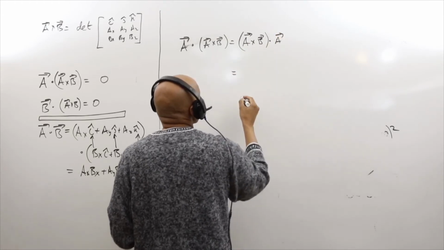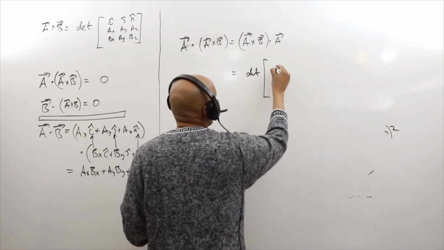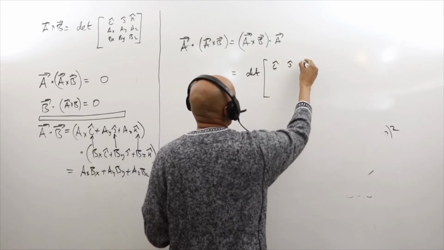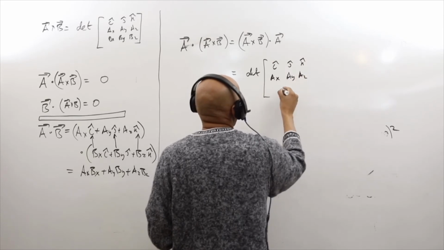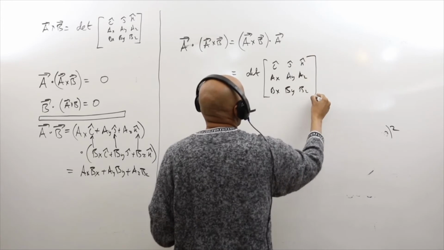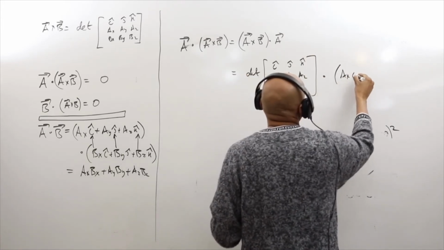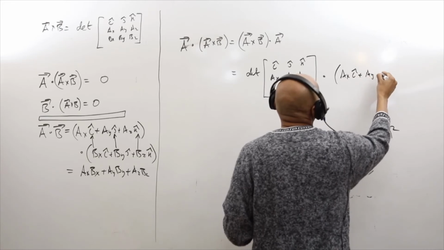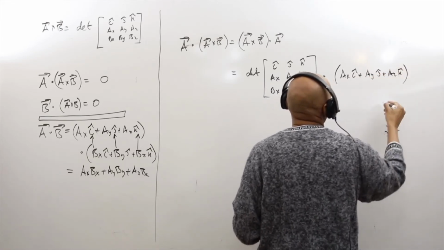From definition, I know that a cross b is the determinant of i, j, k; ax, ay, az; bx, by, bz. I'm going to dot it with ax i plus ay j plus az k.